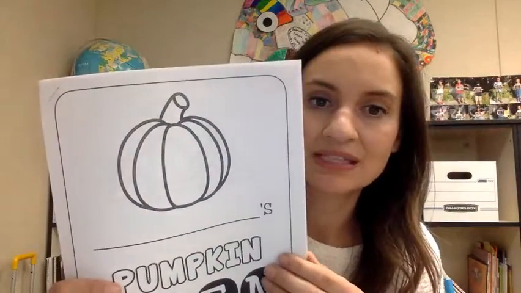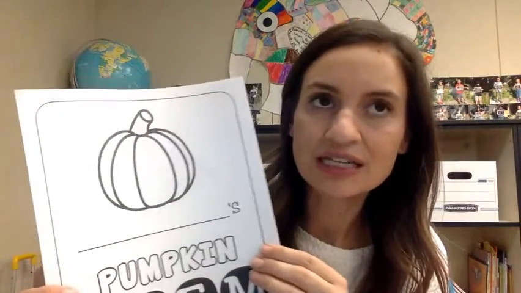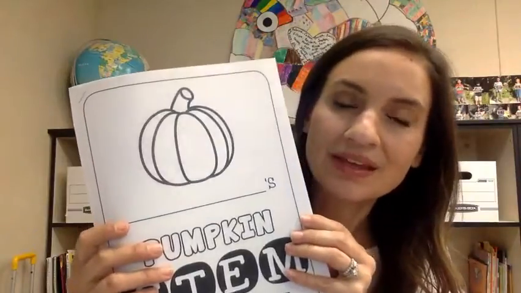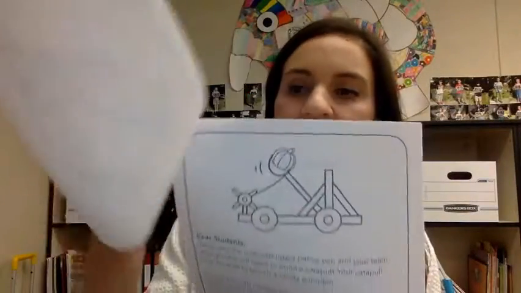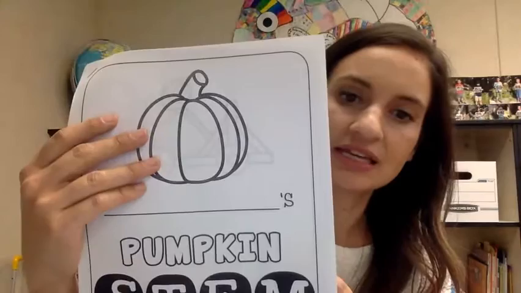And after lunch is when we get to do our pumpkin stem journal. This is where you're going to take your spoons and tiny candy pumpkin rubber bands. And there are directions on here on how to create a launcher, which is also known as kind of like a catapult. It launches things.